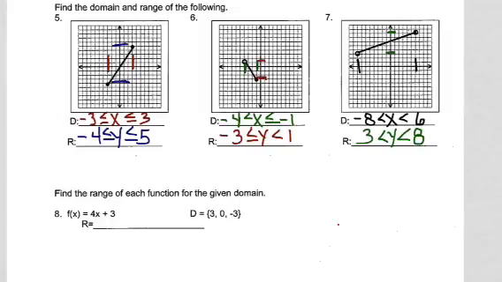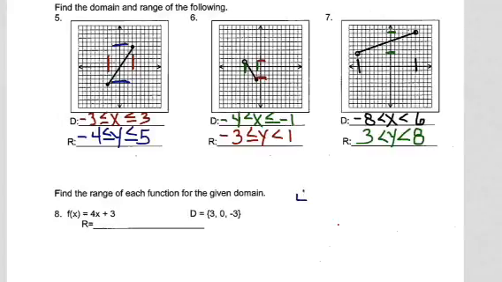So with f of x, that would be like f of 3, f of 0, and f of negative 3. Simply put, it means that you take those values and put them one at a time into the variable x in your equation, and find out what your y value would be, or your range.